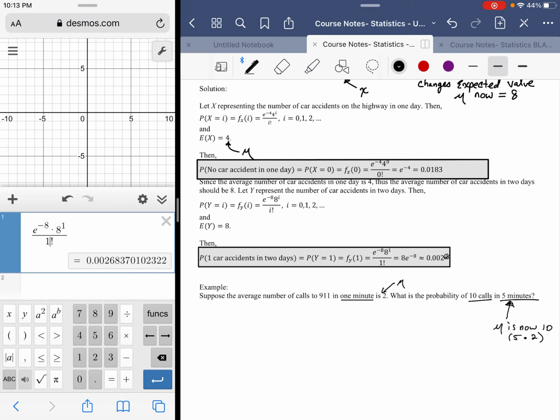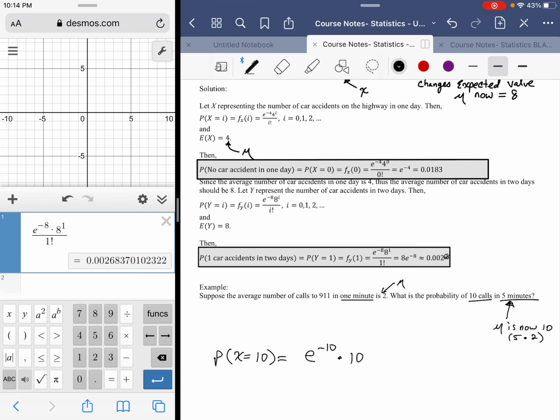All right. So we want to know the probability of getting 10 calls in 5 minutes. All right, so that's the same as saying find the probability that x is equal to 10, and that's going to be e to the negative expected value times the expected value raised to the I power.